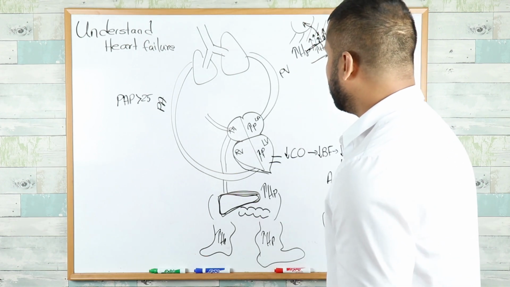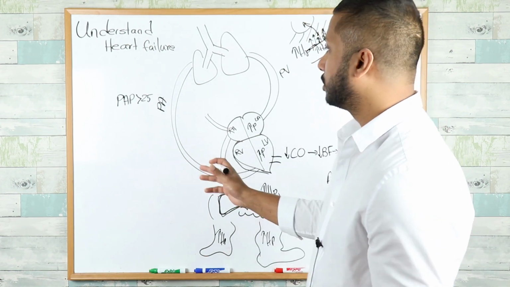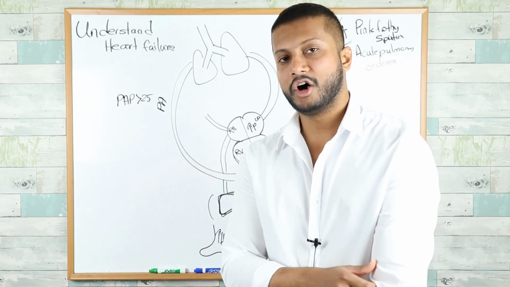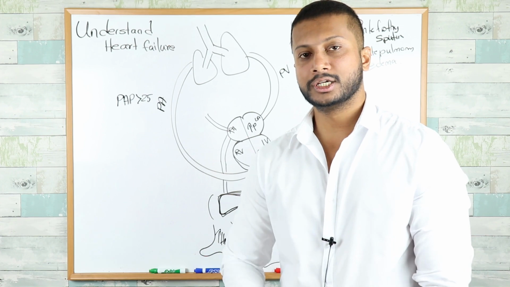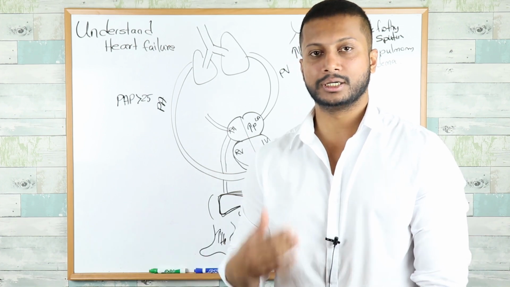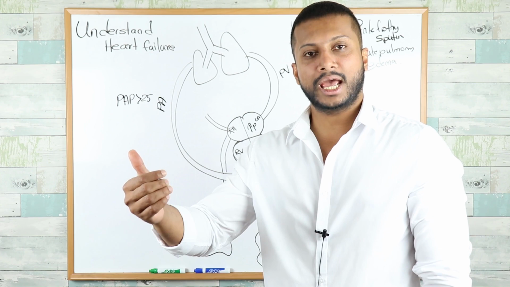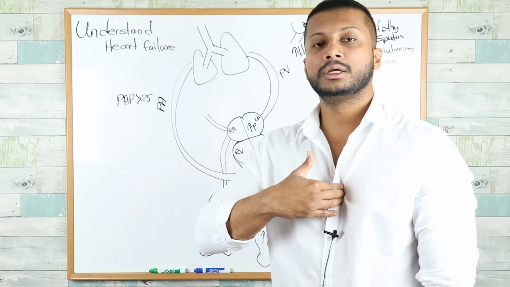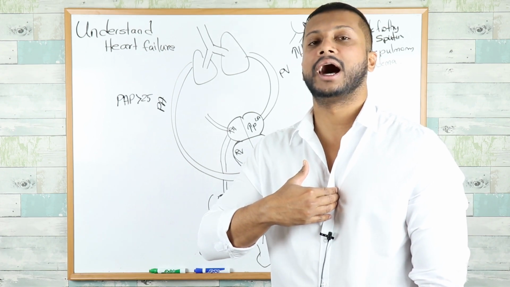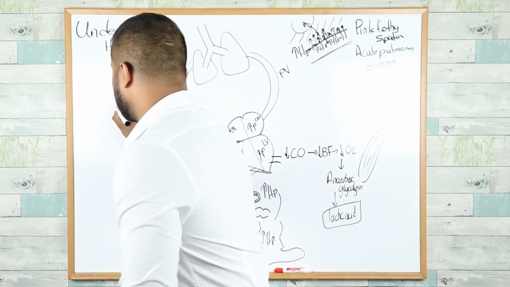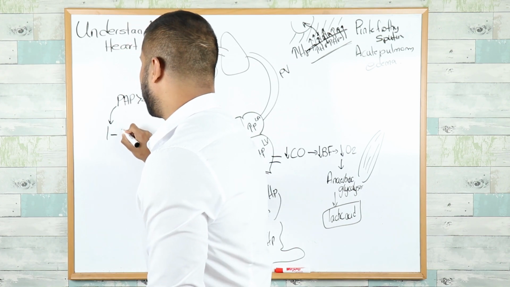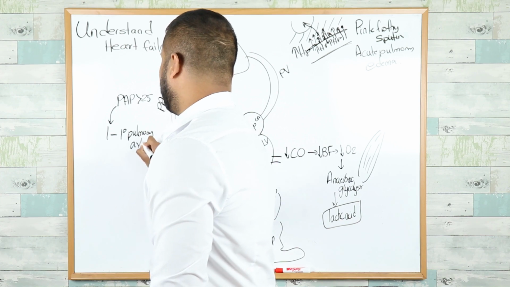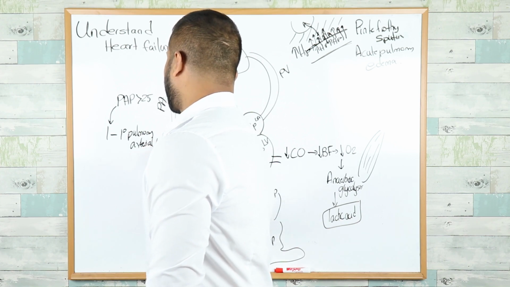Now I also wanted to tell you about your pulmonary arterial hypertension. There are actually 5 classes of pulmonary arterial hypertension. The simplest method of remembering it is to just follow me right now. I want you to take your hand and place it right here. Class 1 is going to be called primary pulmonary arterial hypertension.